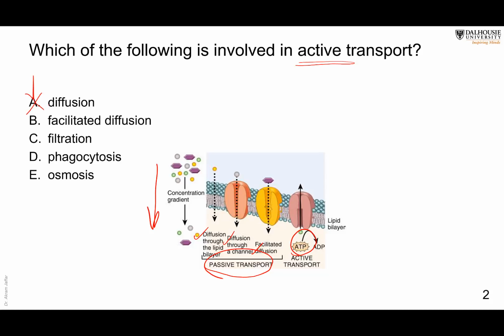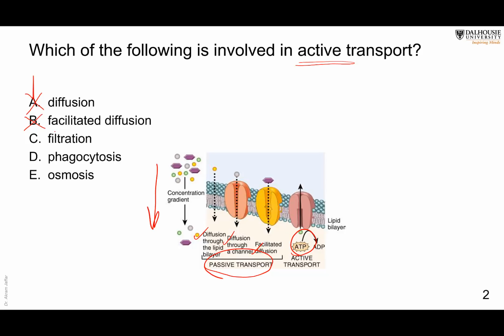Just one point here about facilitated diffusion: in facilitated diffusion, the substance binds to a specific transporter protein, and this protein will move the substance across the cell membrane. Either the substance is too large to fit in the protein pore, or it is insoluble in lipids.